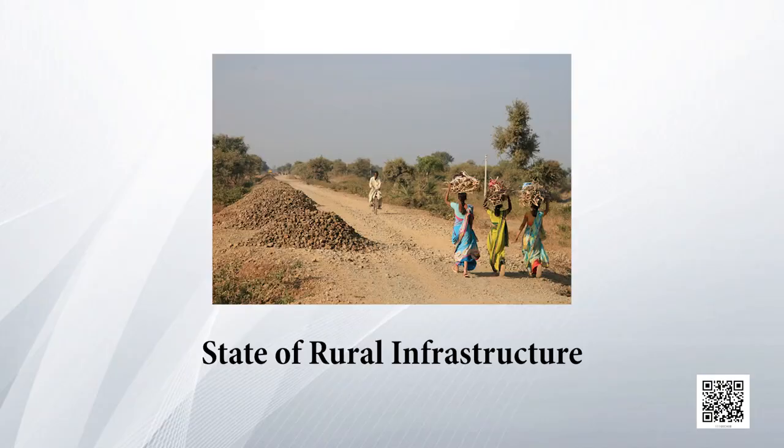Now, let's talk about the state of rural infrastructure. The first point is that in rural areas, people still use crop residues like stubble, cow dung or firewood to meet their heating, lighting and cooking requirement or for their energy requirements. The second point is they walk long distances to fetch water.